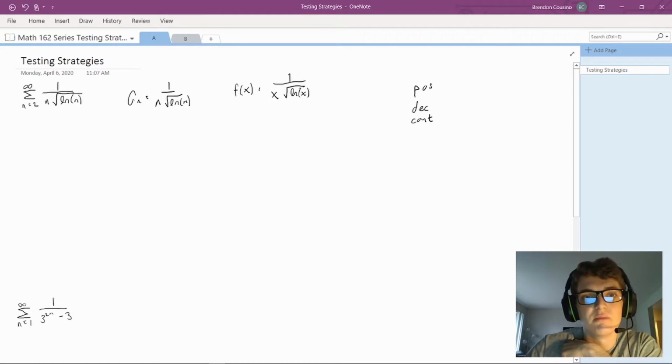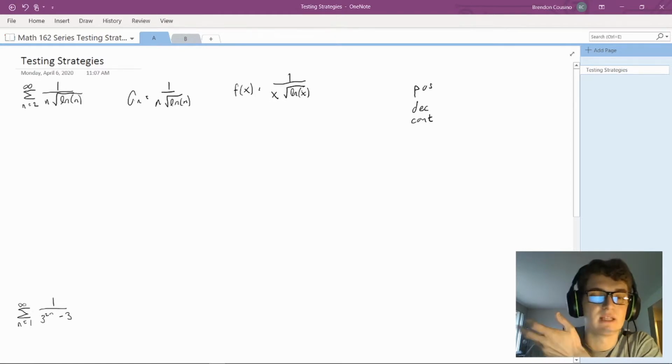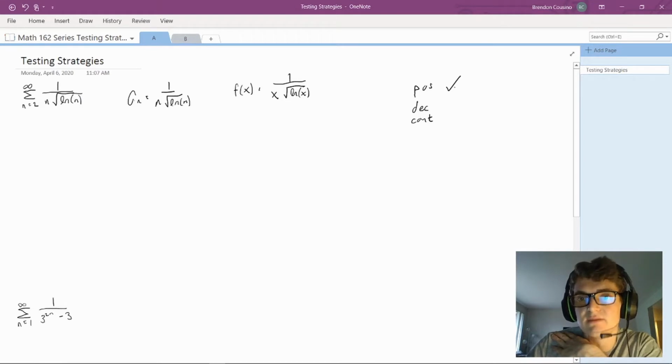The square root of a positive number is a positive number, so we're definitely positive. And the end behavior is definitely decreasing. It's the same thing as when we tried direct comparison: our denominator is getting bigger and bigger as x approaches infinity, so we're definitely decreasing.